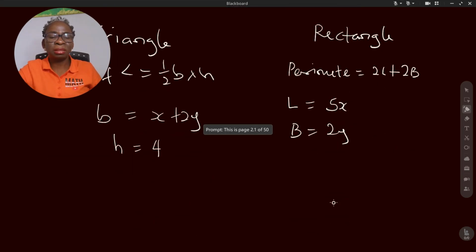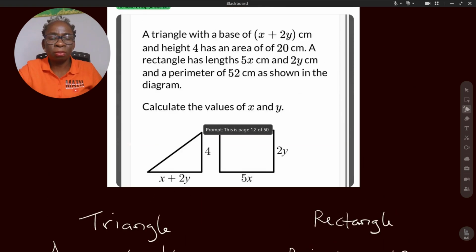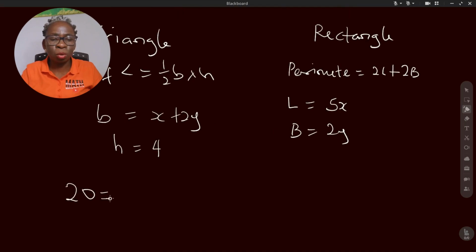So now let's write the area of this triangle. We're given the area of the triangle to be 20 centimeter square. So 20 will be equal to half times base, that's x plus 2y, then times height, that's 4.